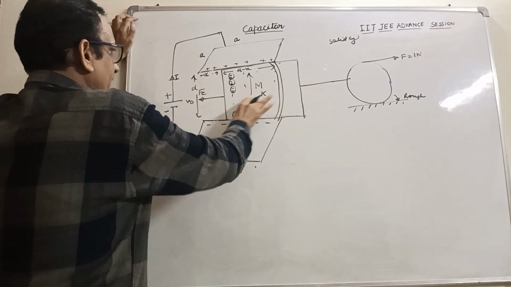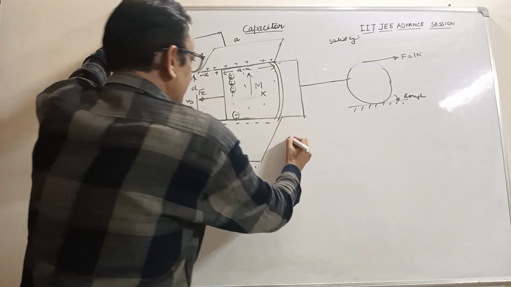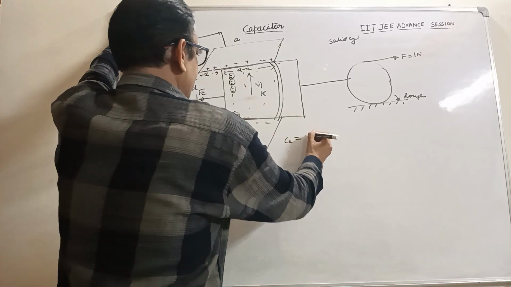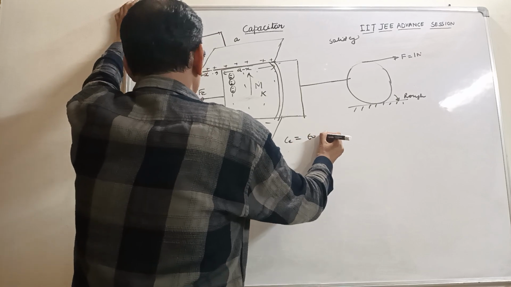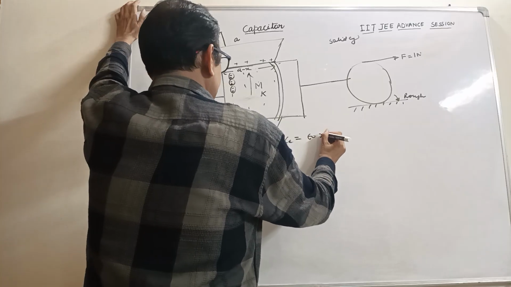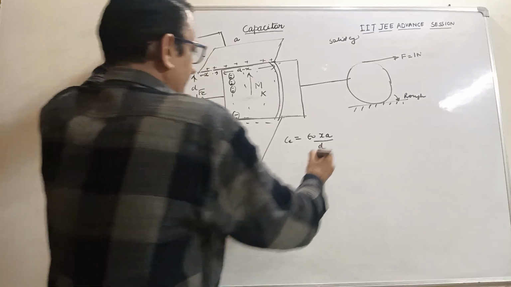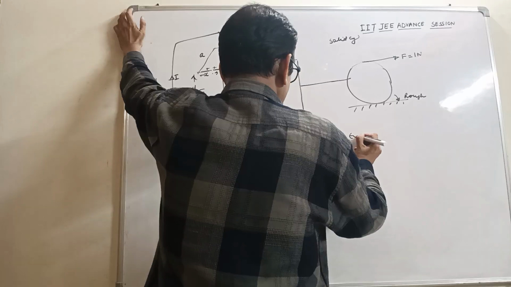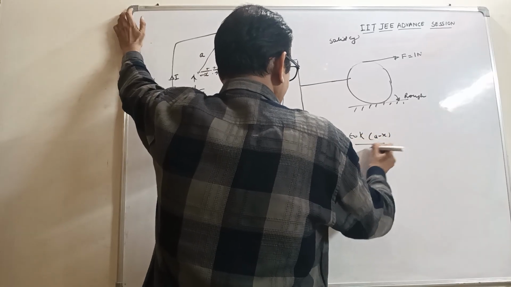This phenomenon is explained here. So C equivalent becomes epsilon naught times x times A by d for this plate, and epsilon naught K times (A minus x) by d for the other.